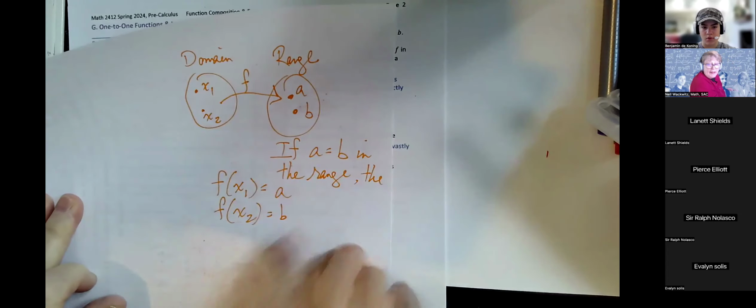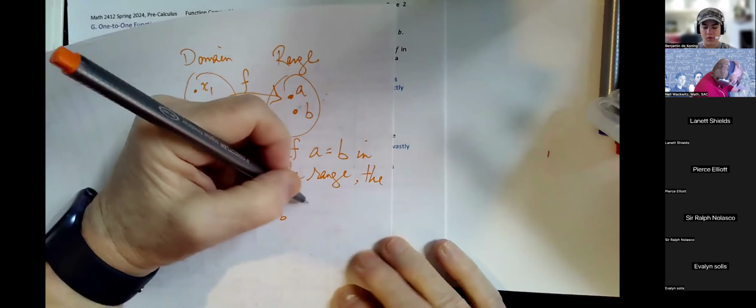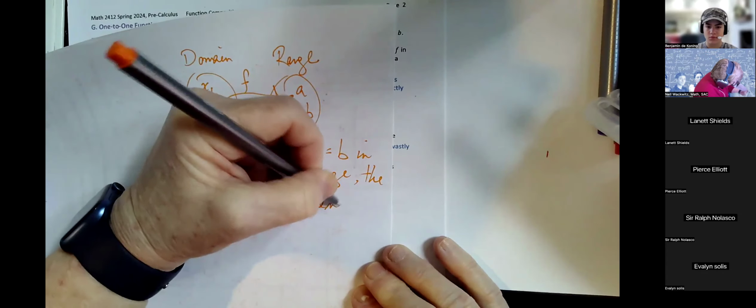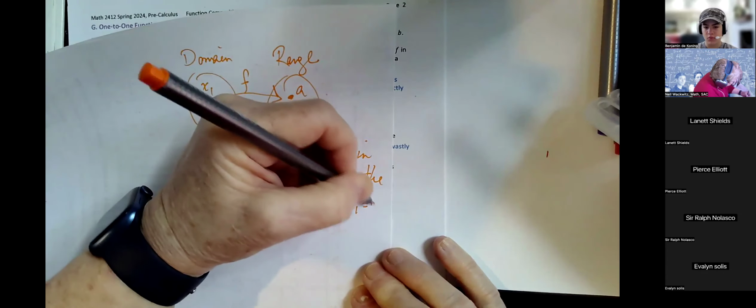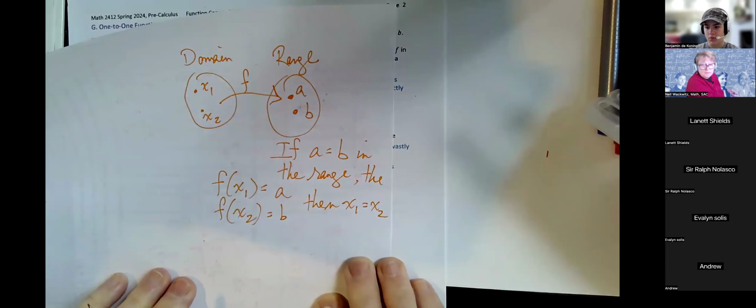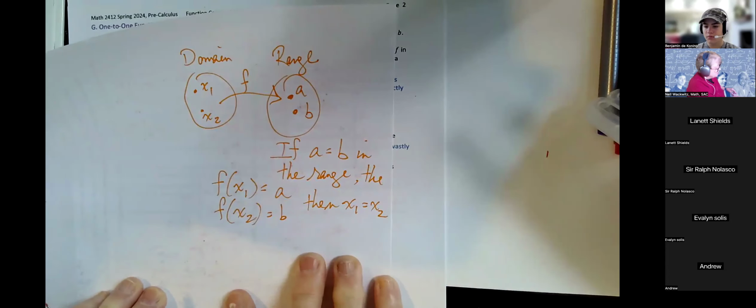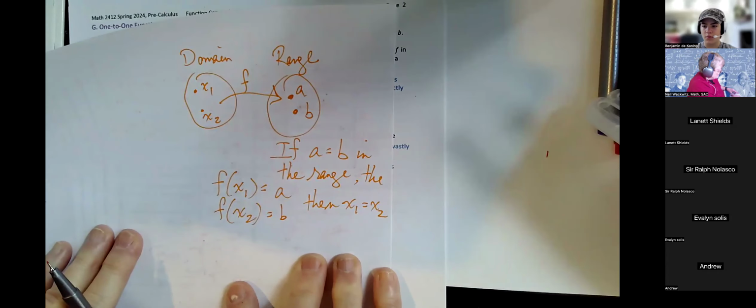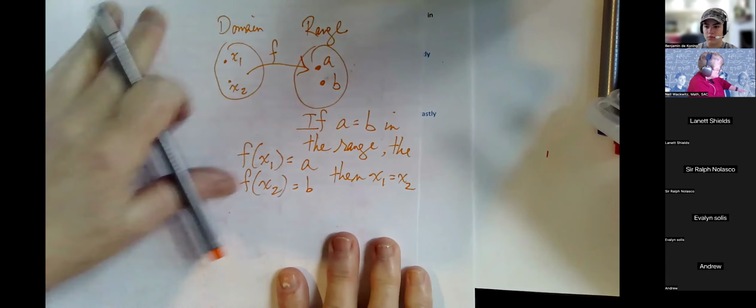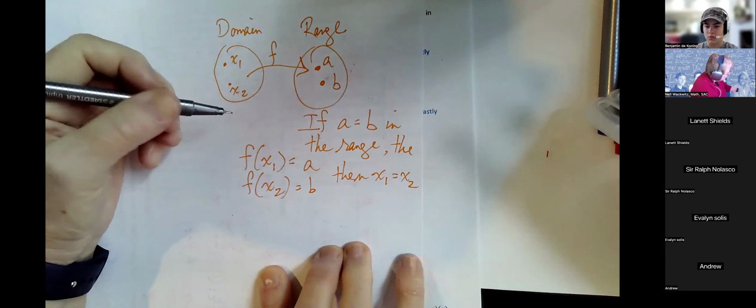If f of x1 is A and f of x2 is B, this is f, and A and B are the same, then x1 and x2 have to be the same. And let's look at a couple of examples just very quickly, because this idea is super important.